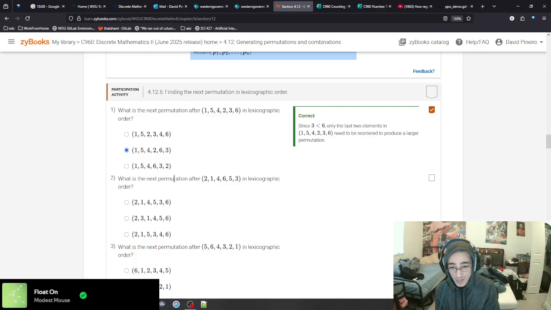Okay. Alright, let's try this one. So let's see, 2, 1, 4, 6, 5, 3. So the 4 is the K. 5 is J, because it is the smallest of the elements after K that is larger than 4, which are 6 and 5. 5 is the smallest, so we just swap them.